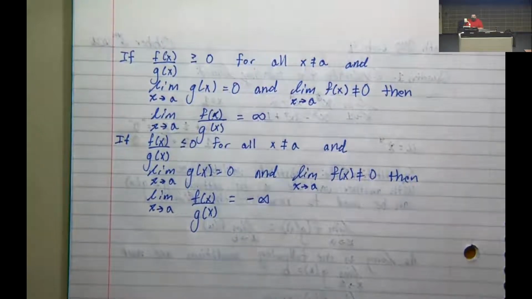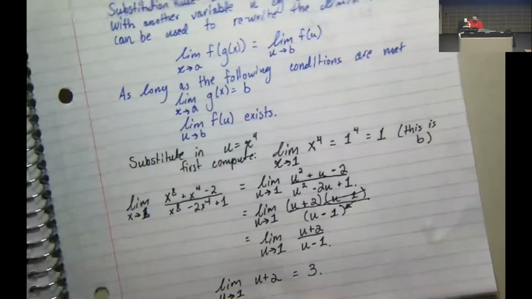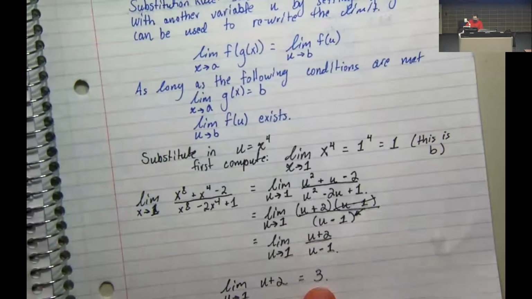So we're going to go ahead and use that because we know that, let's look closely. Okay, so we know that, as we said here, the numerator does not go to 0, it goes to 3. So we know we can use this.